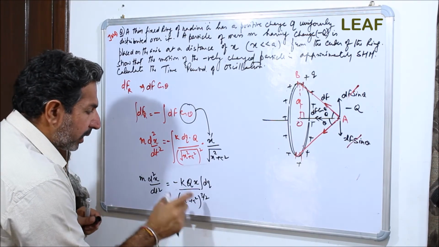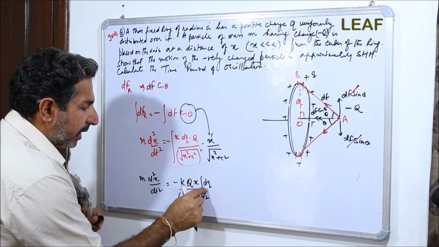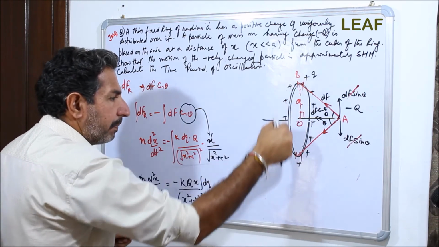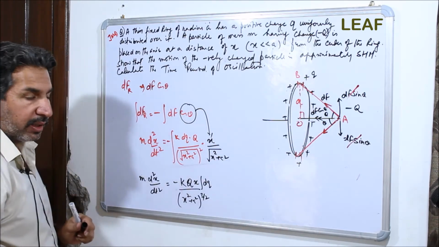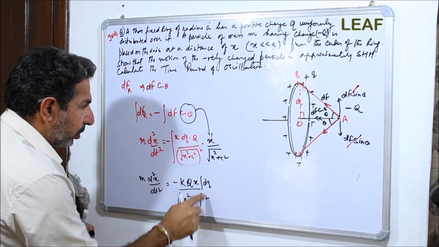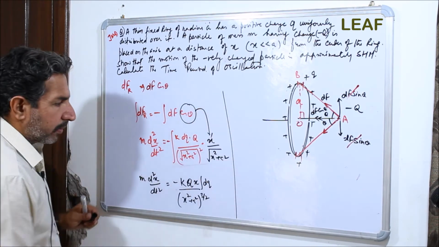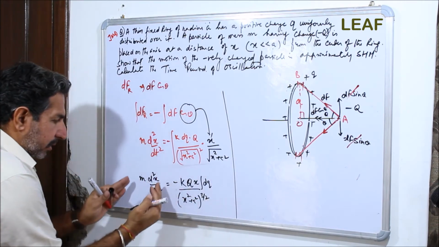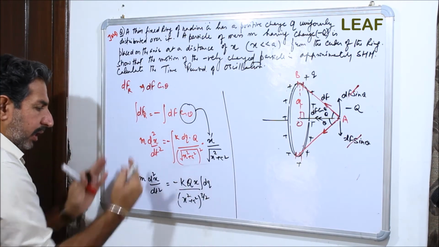Now I am going to integrate dq, and this is going to be the complete charge of the ring, as simple as that. So I'll write it as Q, and I'll move this complete element onto the left hand side.